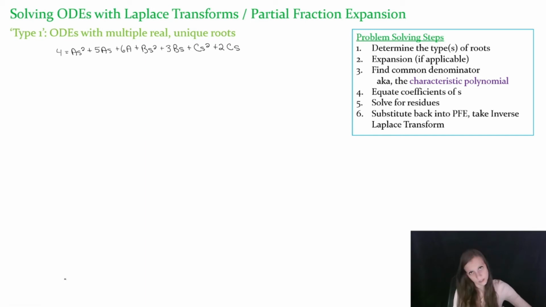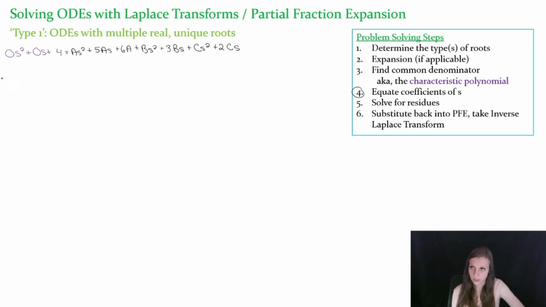And what I usually like to do at this point is add 0 coefficient terms on the left-hand side so that I have all of my power terms match up. That kind of sounds confusing. I'll just go ahead and write it out. So I'm going to add a 0s squared and a 0s here to the left-hand side.